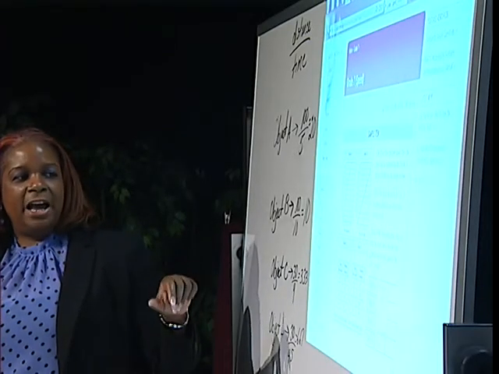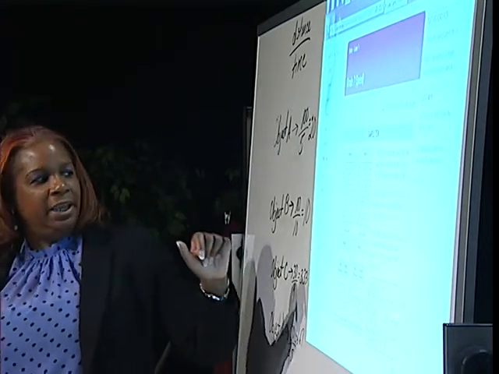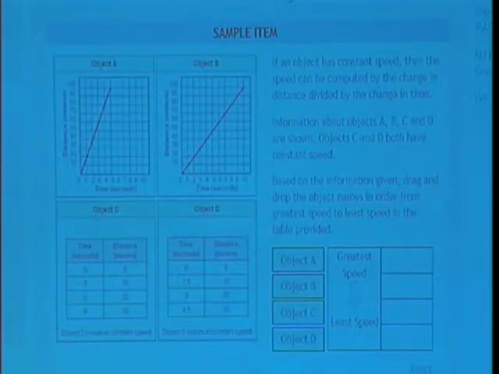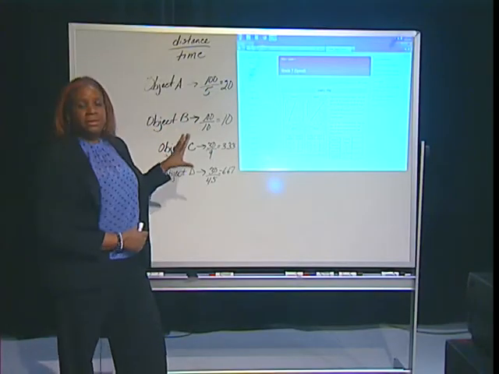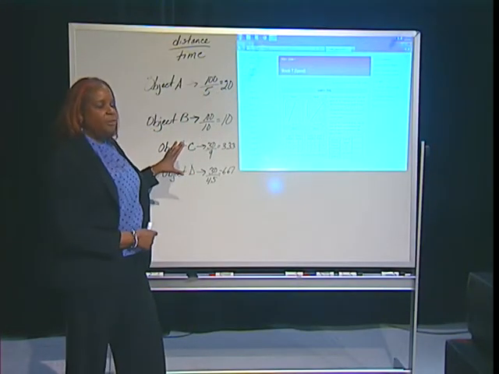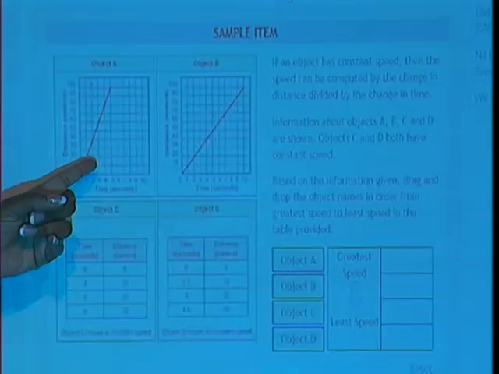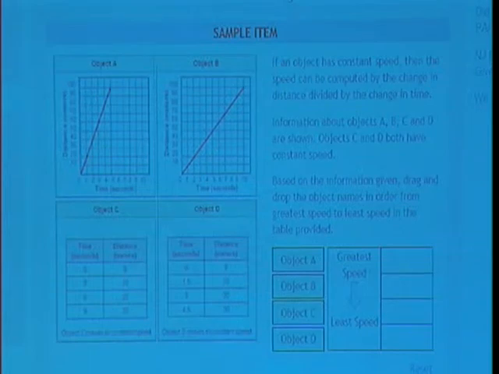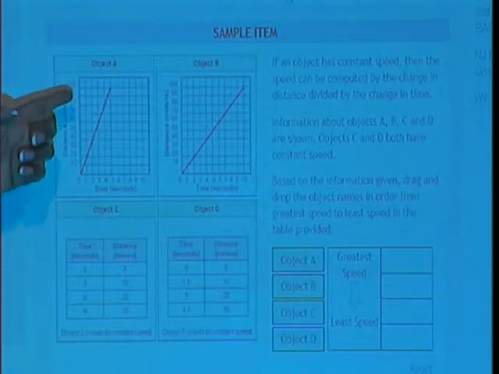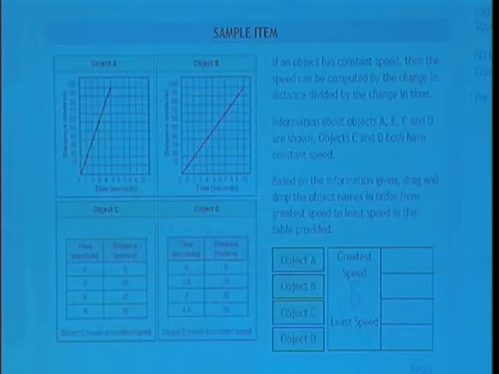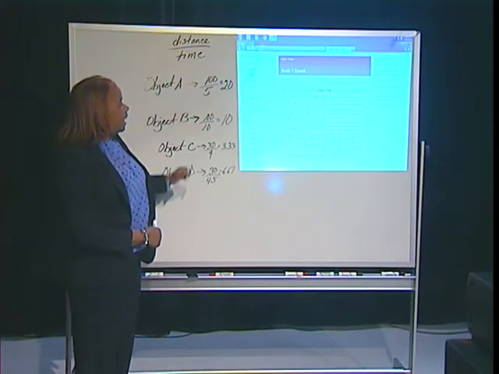Once you find out the information that they give you, you take the distance and divide by the time for each object: A and B, which are given as graphs, and looking at the table for object C and object D. You could take any of the points on this line, looking at the time and the distance, and divide the distance by the time.